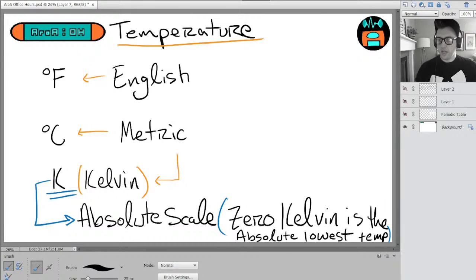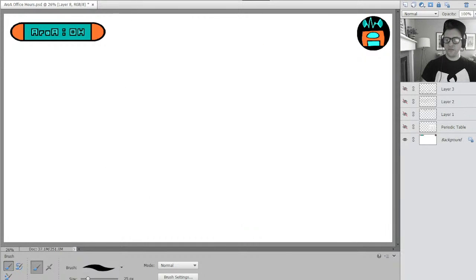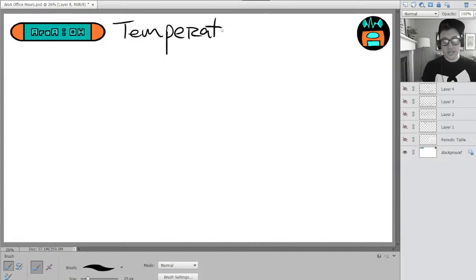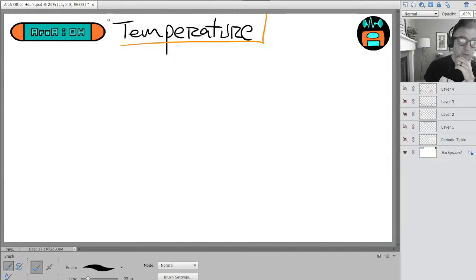There's a handful of equations for converting between different temperature units. You do not have to have these memorized. I will provide the temperature unit conversion equations for you.